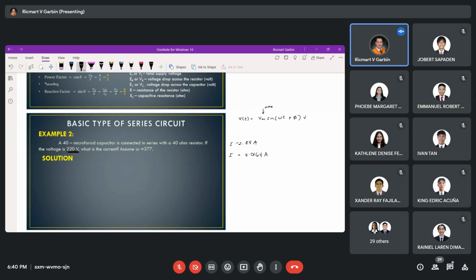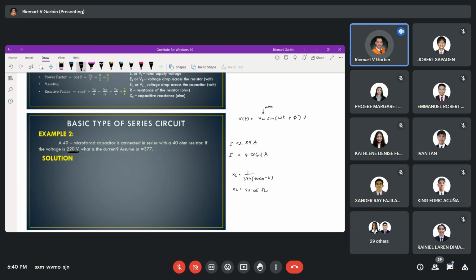Magiging 4.0164 amperes. Bakit? Kapag kinompute natin yun, ang X sub C natin ay 1 over 377 times 40 times 10 to the negative 6. So, ang X sub C natin dyan ay 53.05 ohms.